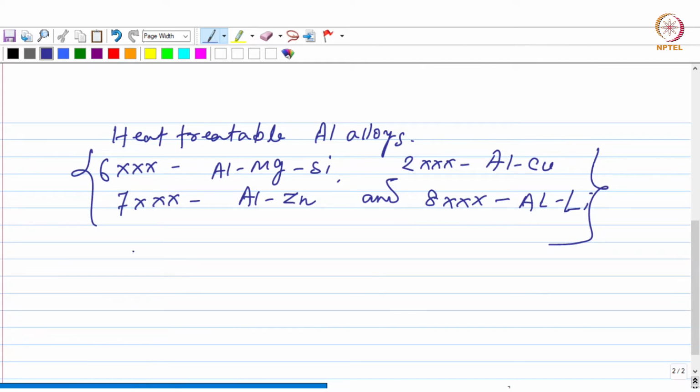Okay. So let us first understand what is the mechanism of the precipitation hardening, and then we'll come back to these alloys and talk about them in a little more detail as to what are those precipitates in each of these alloys which lead to the strengthening. Okay.